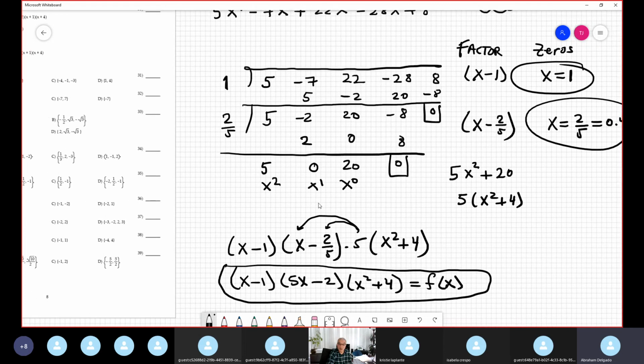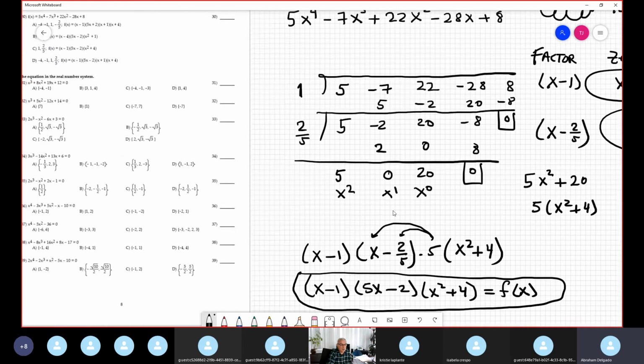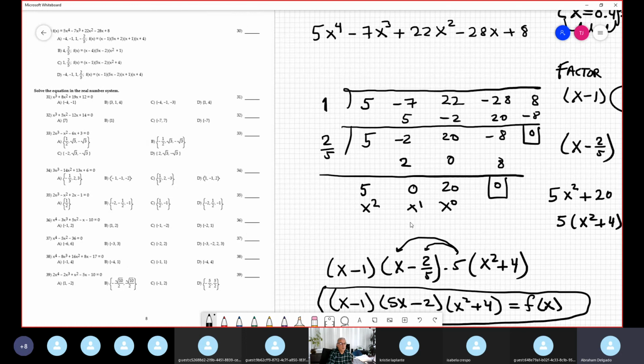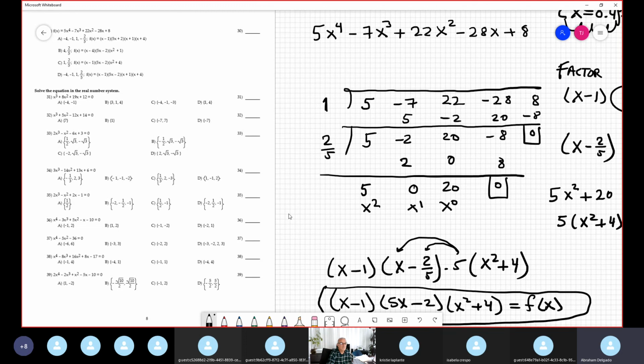Okay, 30. Problem 30 is, help me, guys, I suppose it's yes, no? It's yes. Yes. 1 and 2/5, which is 0.4: x minus 1, 5x minus 2.